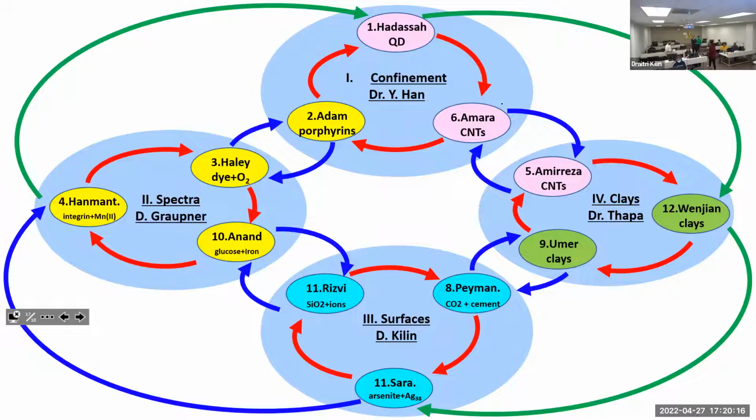Journal of Metal-Organic Spectroscopy. So Haley, Hanmant, and Anand are recommended to submit their works to PhD candidate David Graupner. 3 copies. 3 copies.